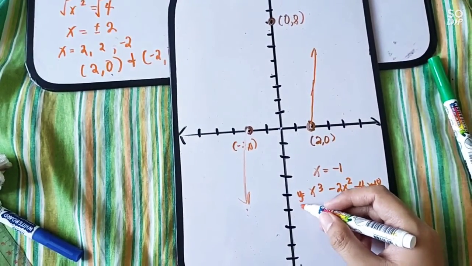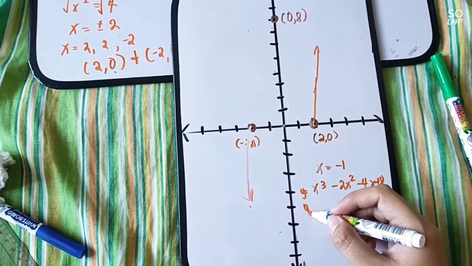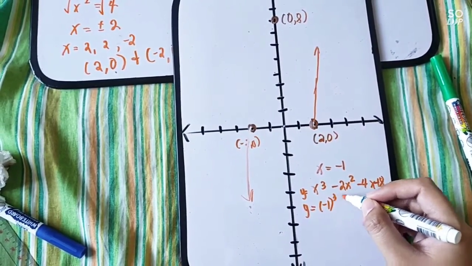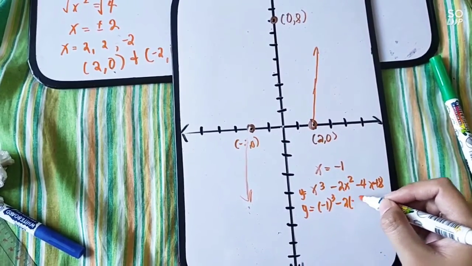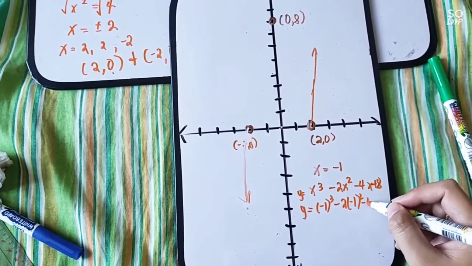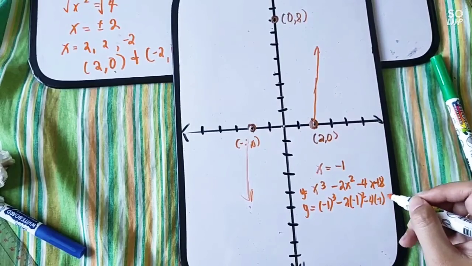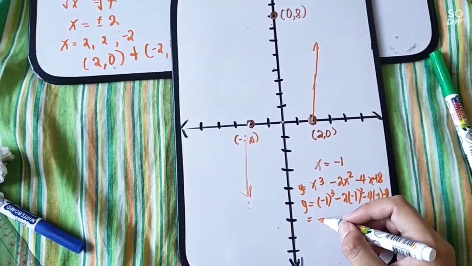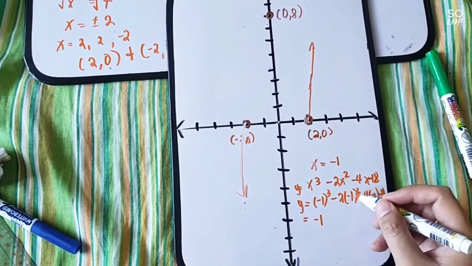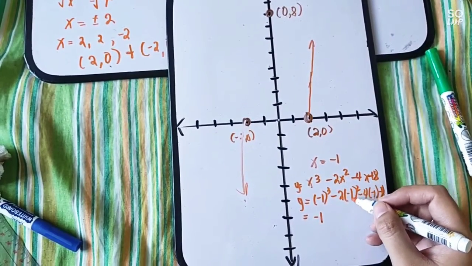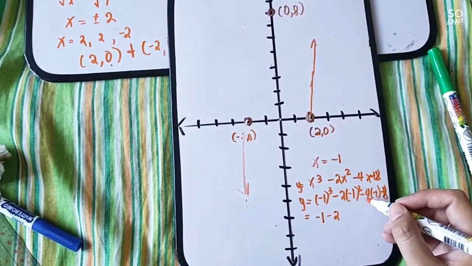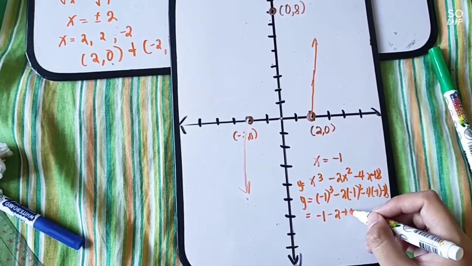So, we have here, ang y natin dito ay y is equals, change all x's to negative 1. Cube minus 2 times negative 1 squared minus 4 times negative 1 plus 8. Then, solve. So, this one is negative 1 ulit. Then, negative 1 squared is positive 1 times 2 is minus 2. Then, this one is negative 4 times negative 1 is plus 4.